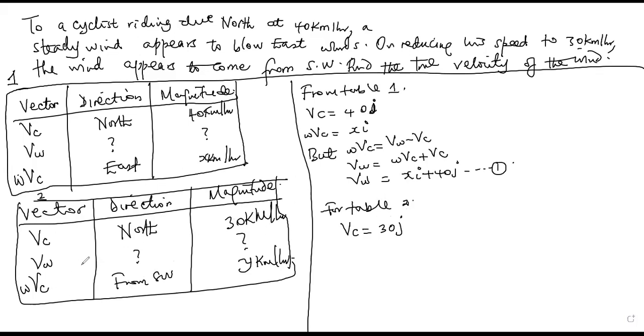Then the wind appears to blow from southwest. So draw the components. This is east, this is north, this is west, and this is south. So if it is appearing to blow from southwest, southwest is this. So it means it is going to northeast.